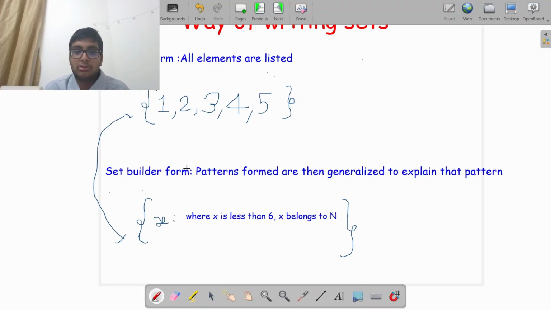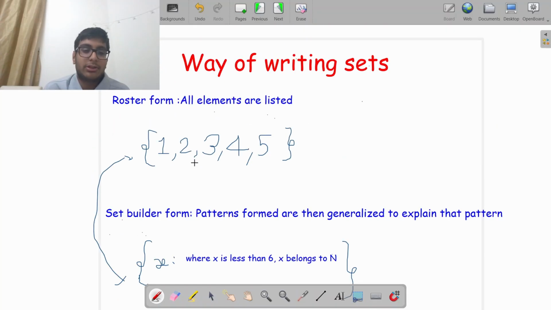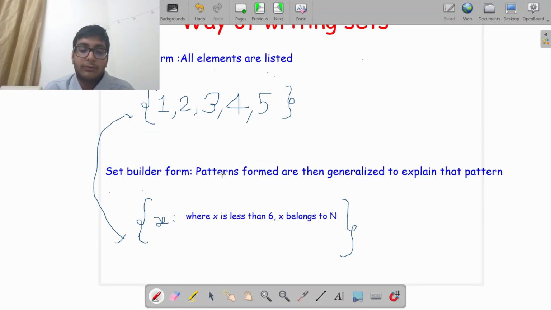It doesn't matter. You just have to explain how your set works, and that's all. But what you need to know is that set builder form is comparatively much easier than roster form, only in cases when you can see patterns in the set elements. And over here, one of them is that all of them are less than 6 and they're in the range of natural numbers.